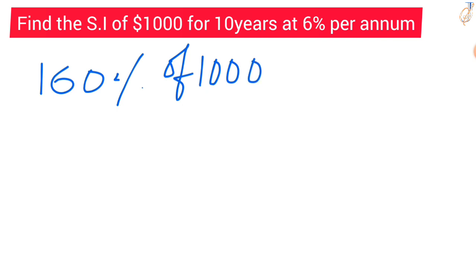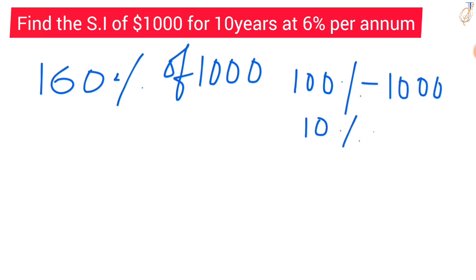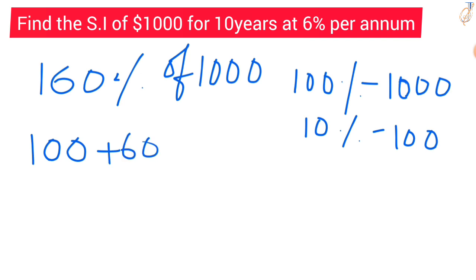First what you have to do? First find what is 100%. So 100% is 1000. So what is 10%? For 10%, from the right hand side, move one digit and keep a decimal point. So that means you will get 100. So this 160% you split into 100% plus 60% of 1000.